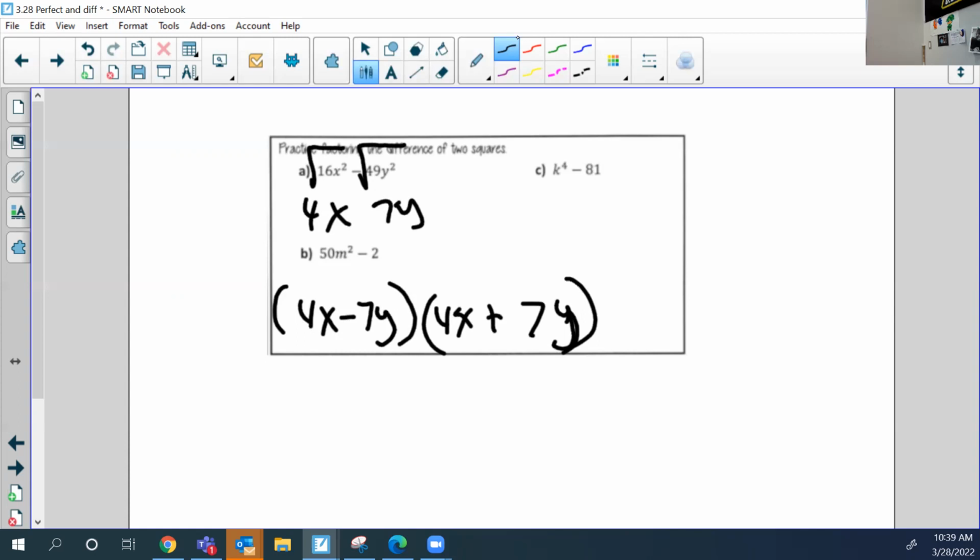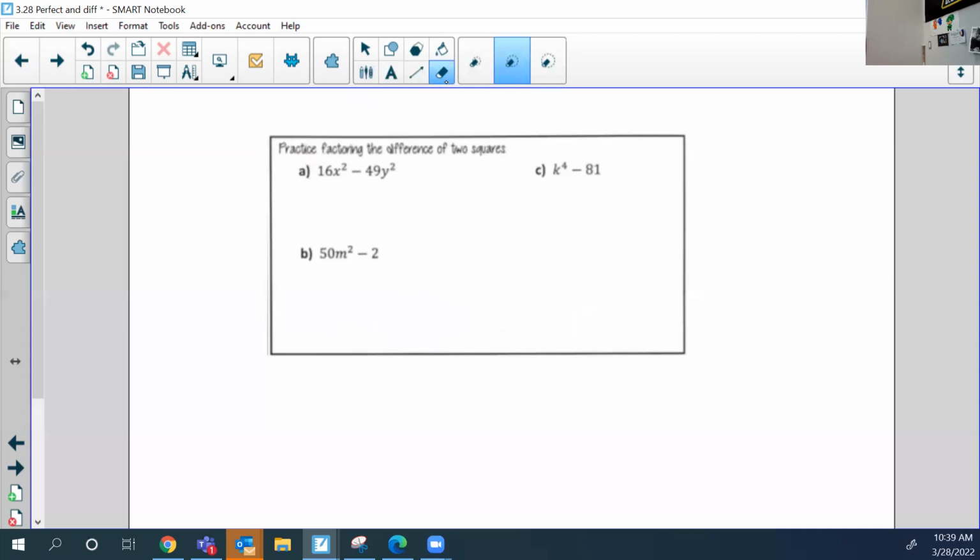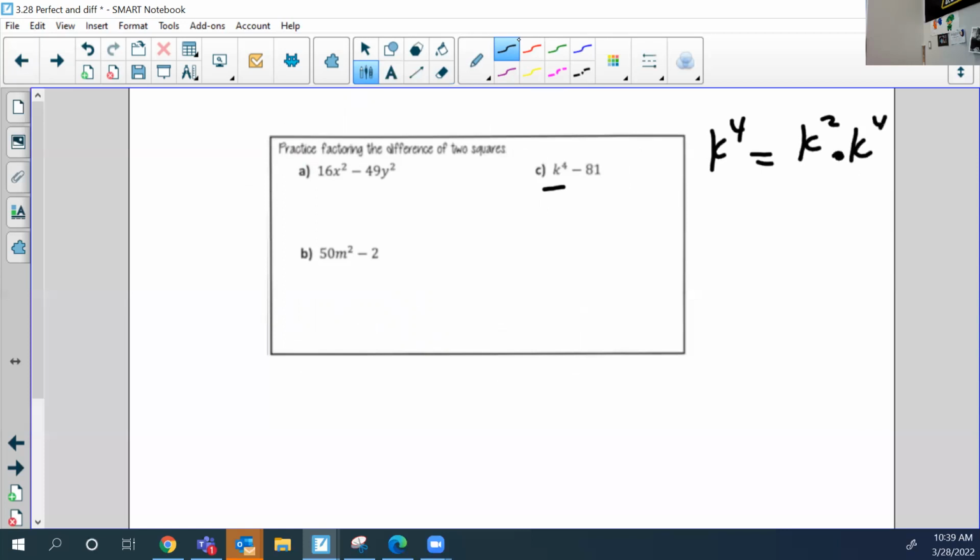Look at C now. It's a binomial, it's two terms. The first term is a perfect square because k to the fourth is just k squared times k squared. Also, 81 is a perfect square, and it's a minus sign.